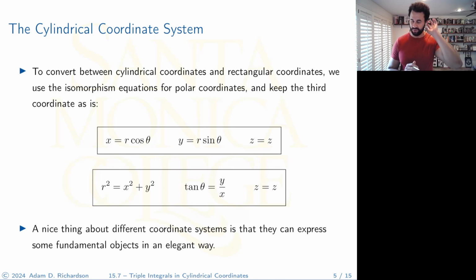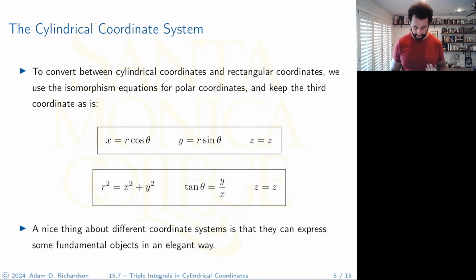I guess the thing that you need to wrap your head around is that every single point in three-dimensional space can be described in this way. You could describe every point in three-dimensional space using Cartesian coordinates, or you could describe it using cylindrical coordinates. The representations are different, but the objects that we are describing have not changed, only the way we're describing them.